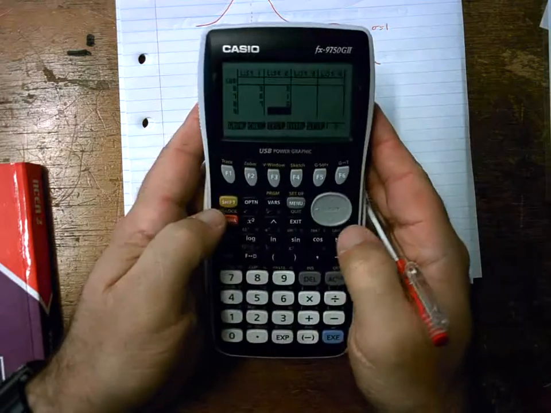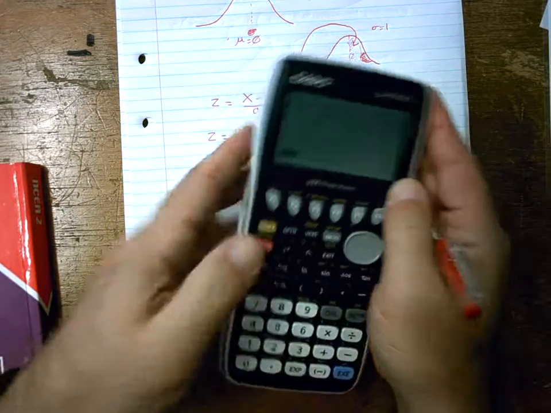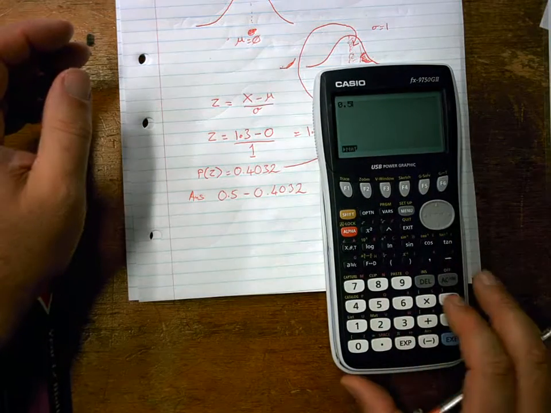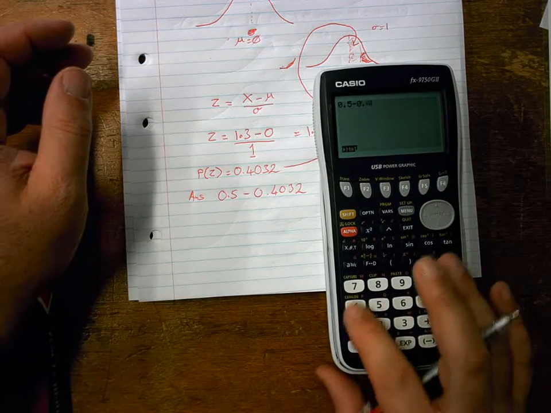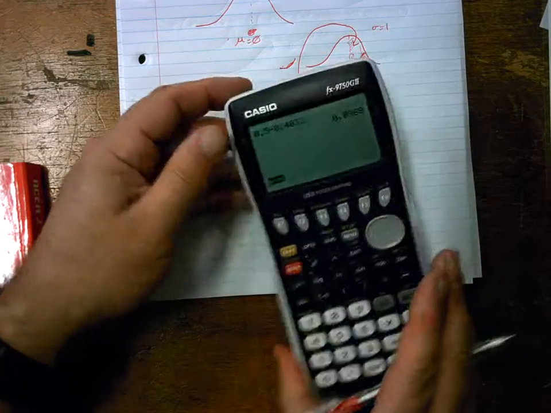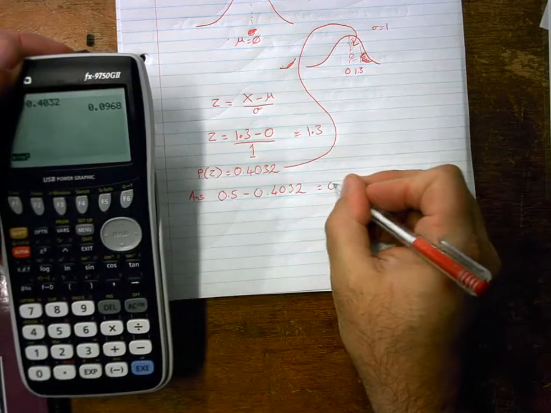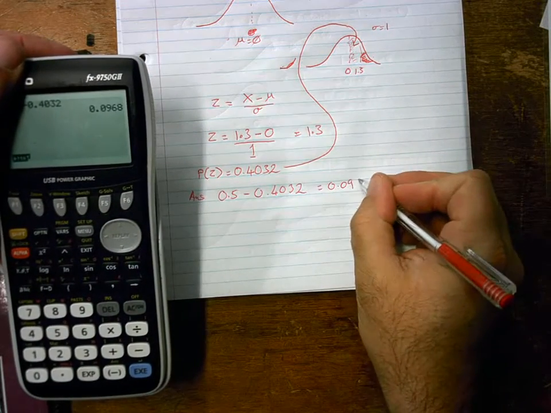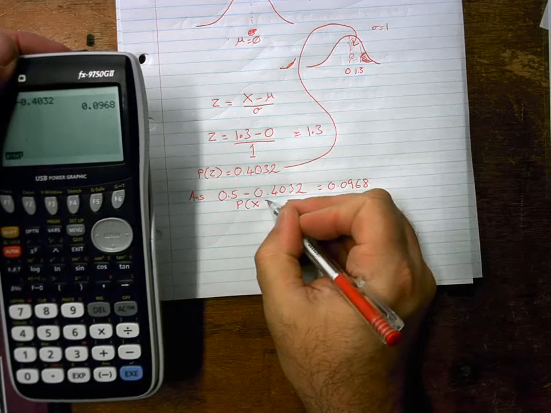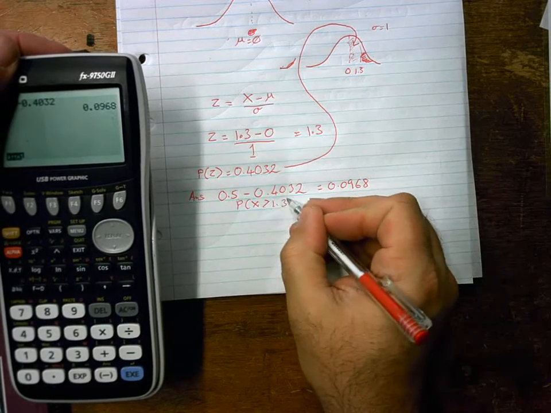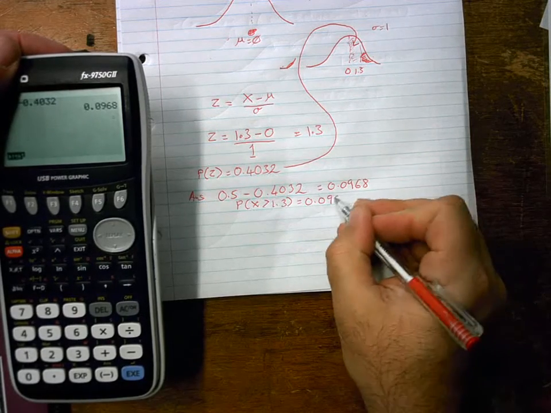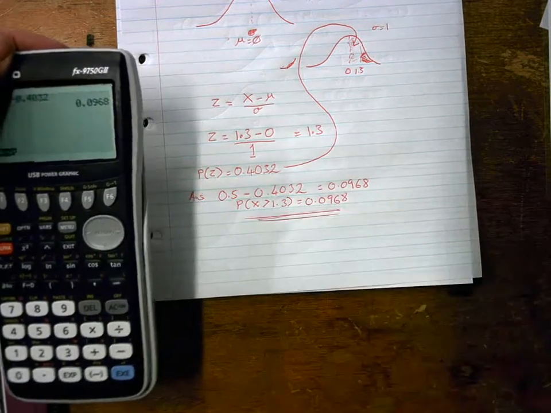I've put my calculator into ordinary mode, and I'll type in 0.5 take away 0.4032 equals, and that's my answer, 0.0968. So the probability that x is bigger than 1.3 is 0.0968, and that's the answer to the question.